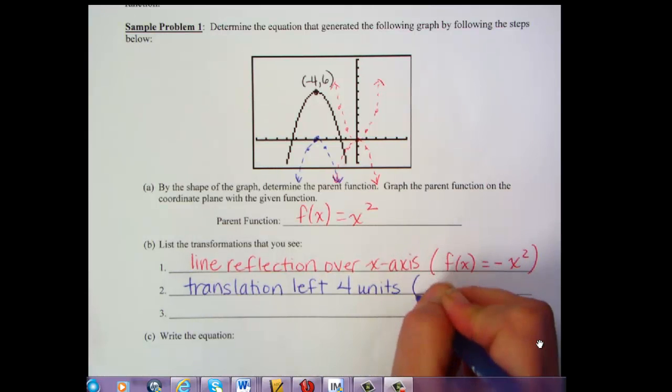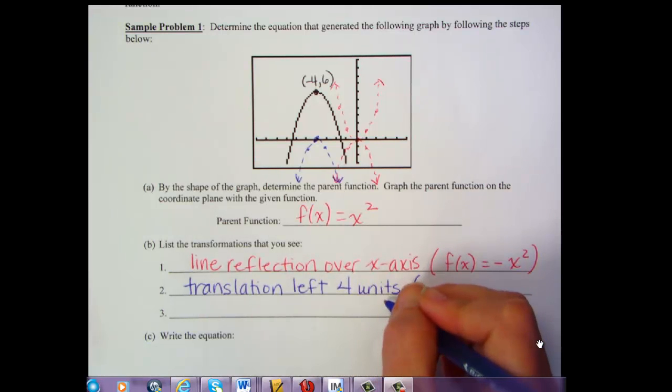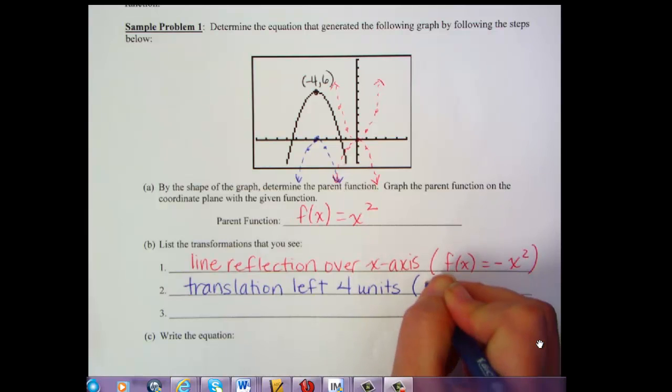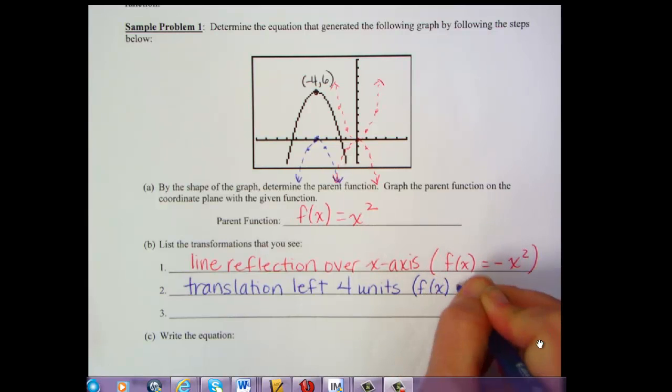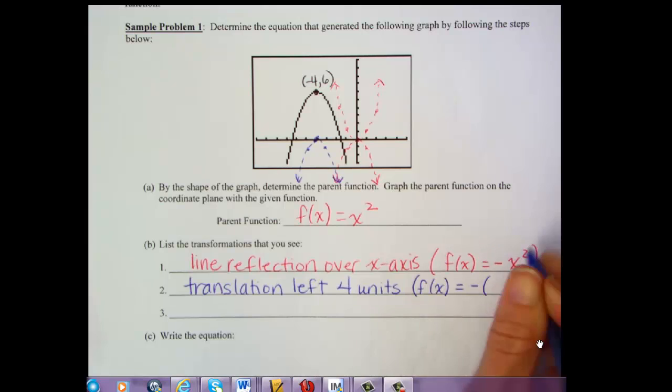Now, in our equation, left and right transformations have been within parentheses. So we could start out by saying f of x equals negative, and I'm going left 4 units. Standard form is x minus; left 4 is negative 4.